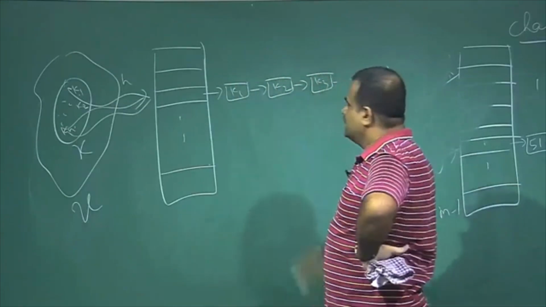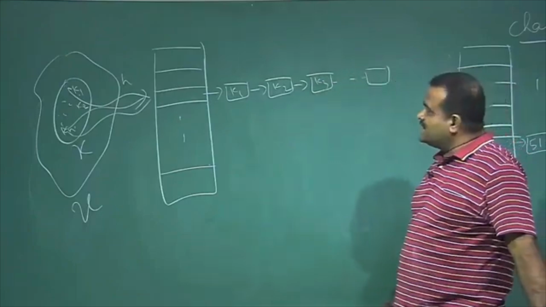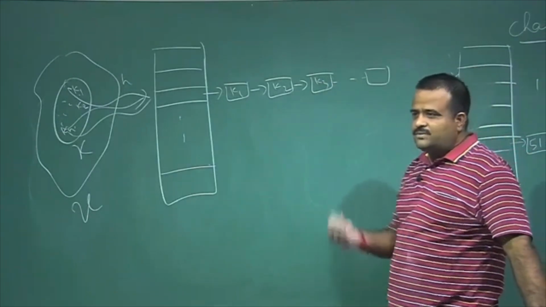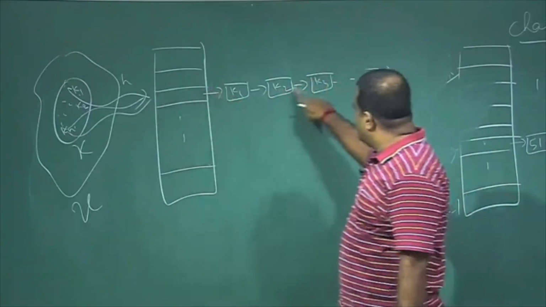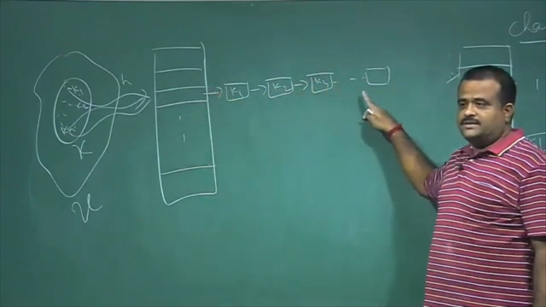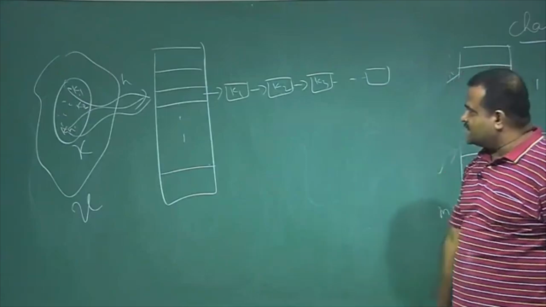That is called the worst case. In that case, what is the search time? If you have to search for a key and it hits that particular slot, we have to read the whole list. So, that will take linear time. So, that is the worst case.